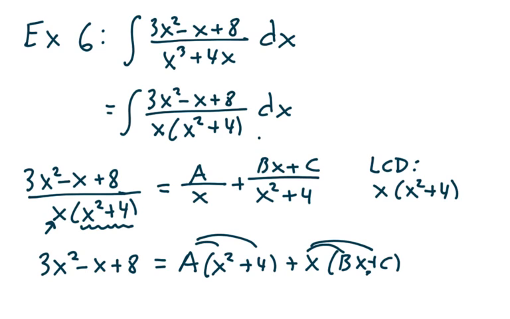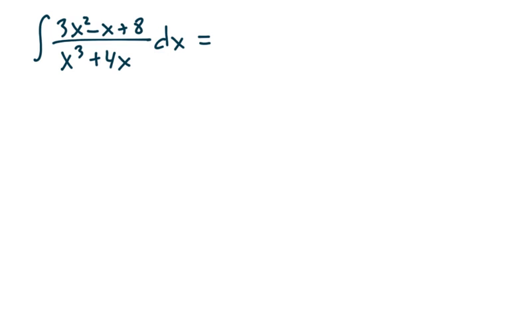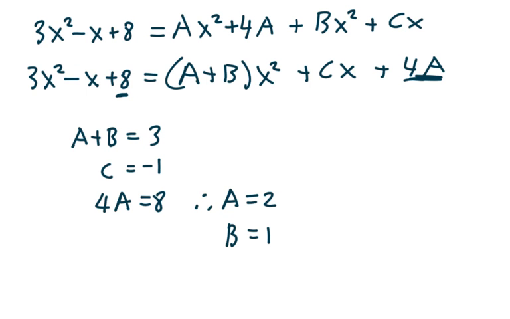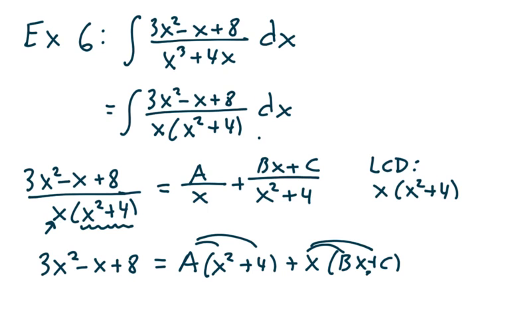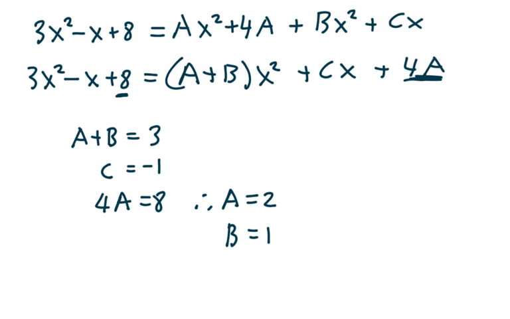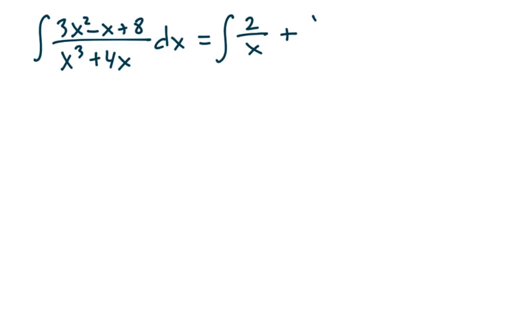I'm going to get a, which is 2. So I get 2 over x plus b is 1 and c is -1. So I'm going to get x minus 1 over x squared plus 4. And this is going to be with respect to x.